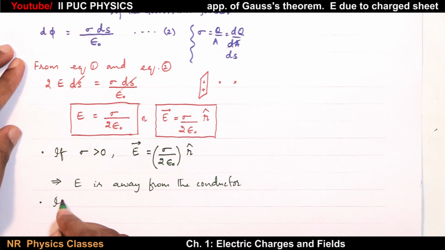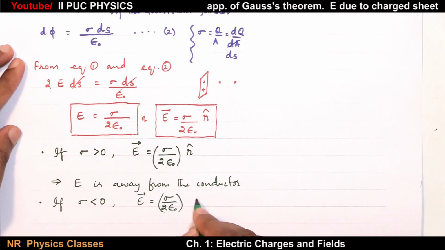Second case, if surface charge density less than 0, means for a negative charge, electric field is sigma by 2 epsilon naught minus r cap.